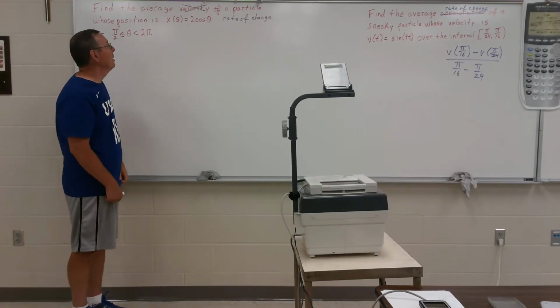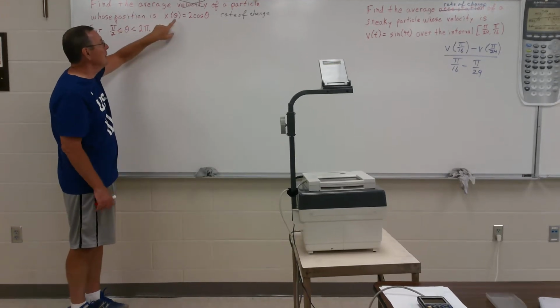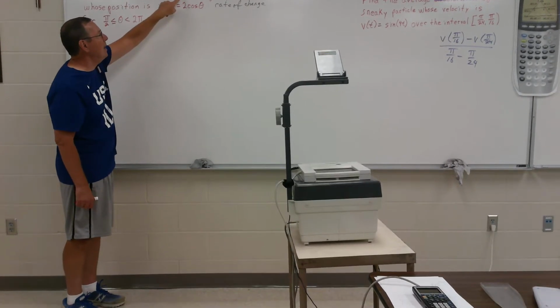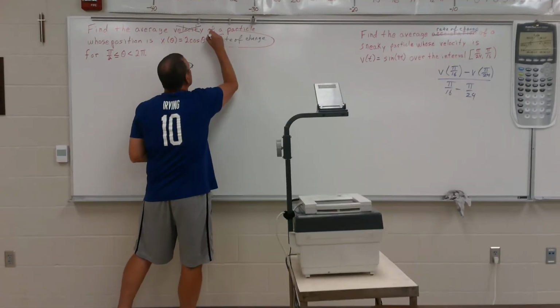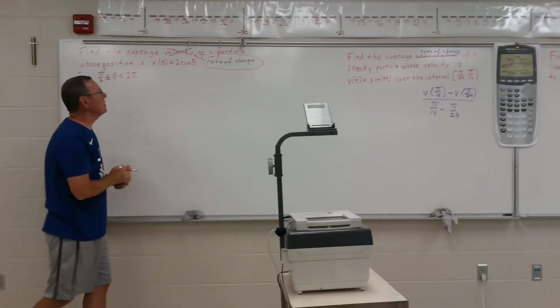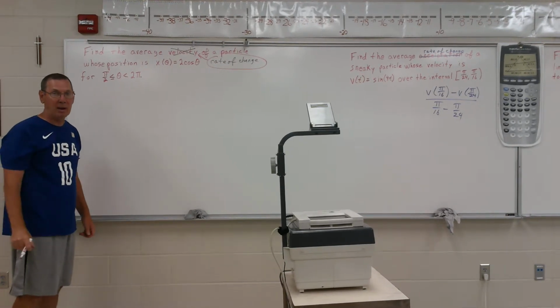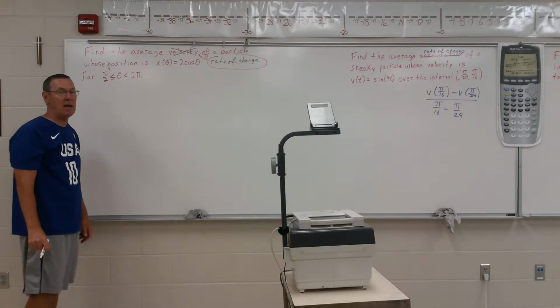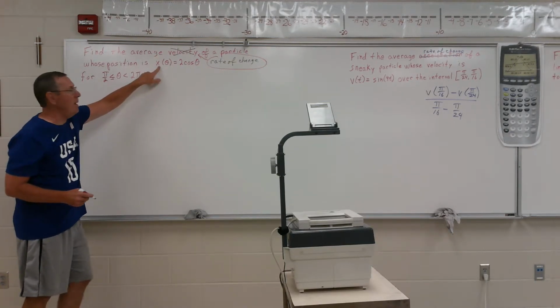However, because of the word average, and also because if this is position, that's velocity, that is a first derivative, that is a rate of change, that does make this an average rate of change problem. So I'm going to be grabbing the f of b minus f of a over b minus a, but in a little bit different form. And instead of f, we're going to use x.